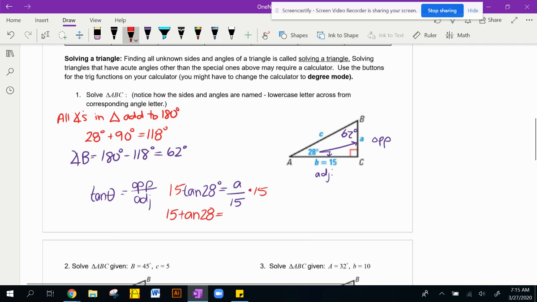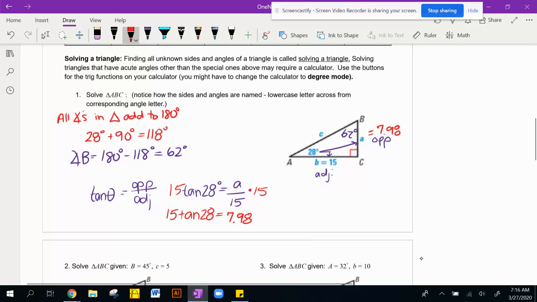So if you're not getting the answer that I'm getting right here, which is 7.98, check your mode, and you can Google how to change the mode, or I can help you on Zoom. All right, so we've got side A.